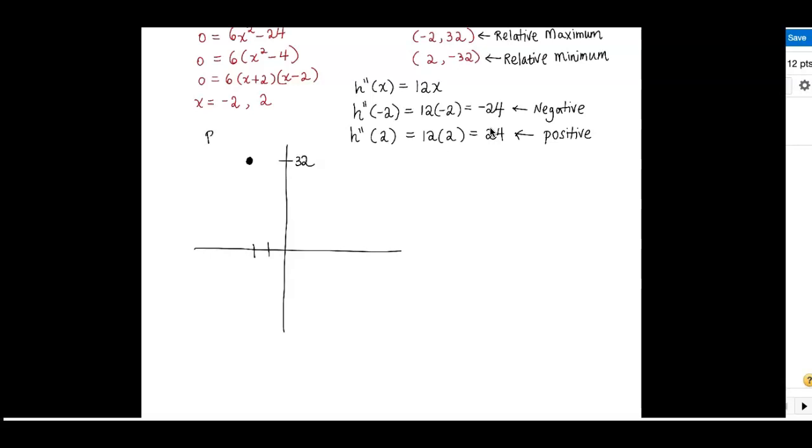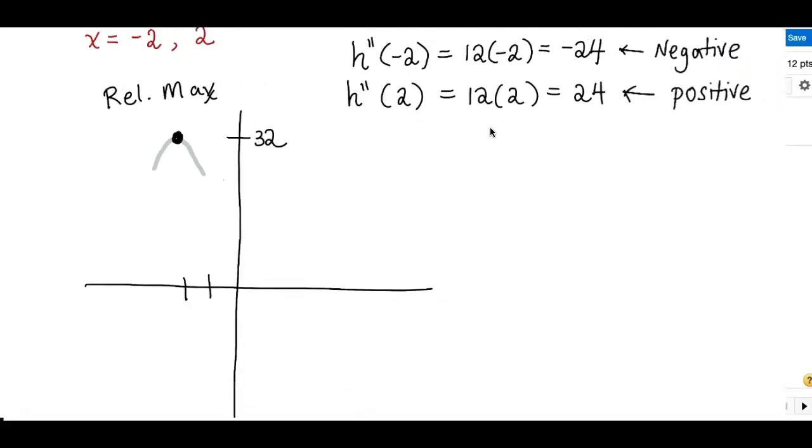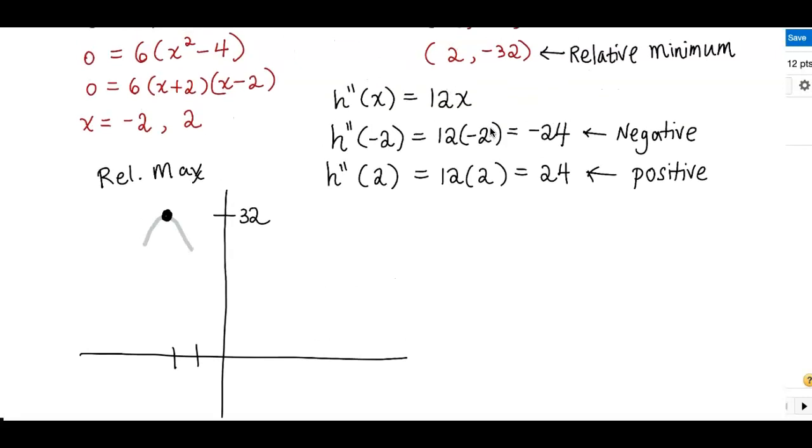Okay. Negative 2, 2 to the left, 32. Let's just say that's 32, okay? That is the relative maximum. So to make this a maximum, the graph should look something like this. Oh, whoopsie, that's a little too thick. Hold on one second. Do you agree? I don't like the width of this graph. It should look something like this. That's a relative maximum. Now the other relative extremum was 2 to the right, down 32.